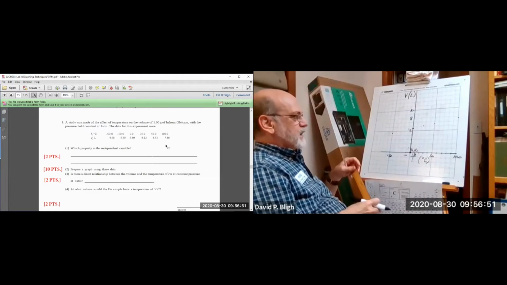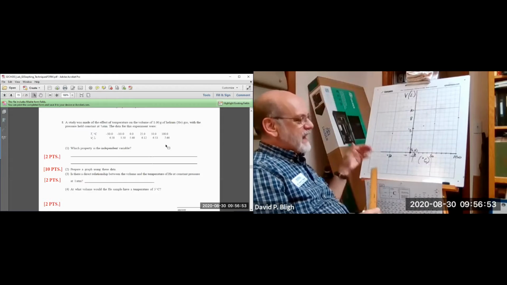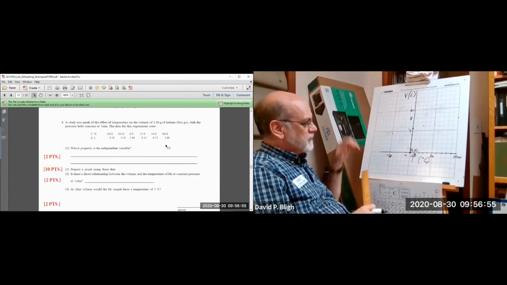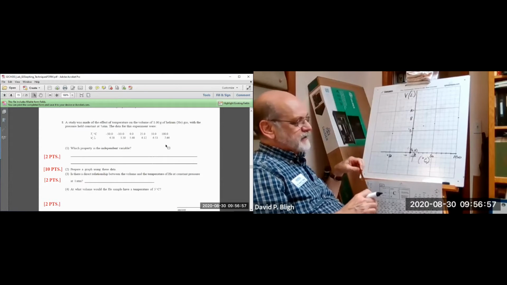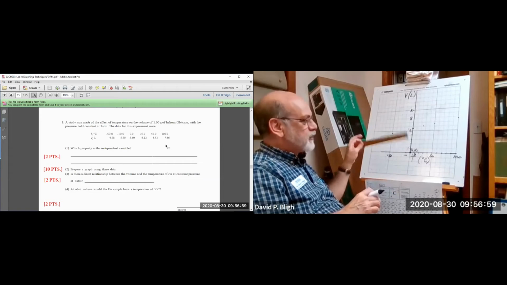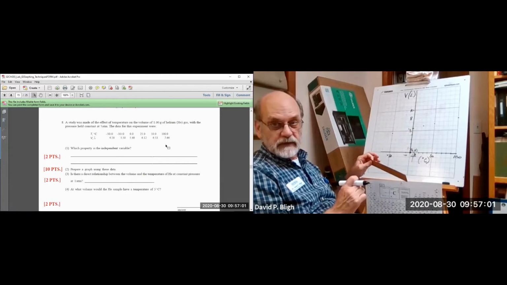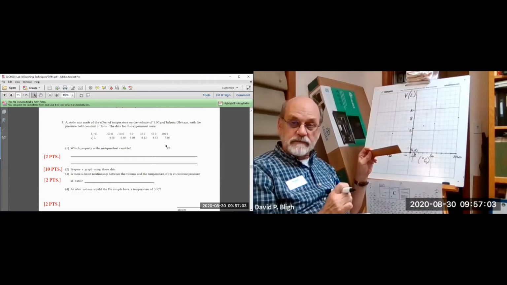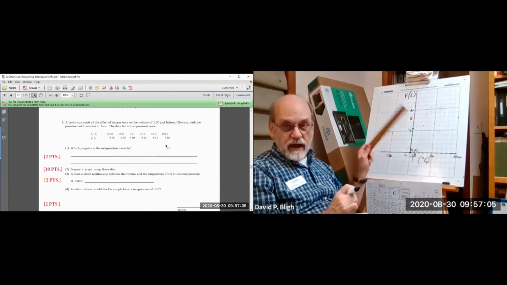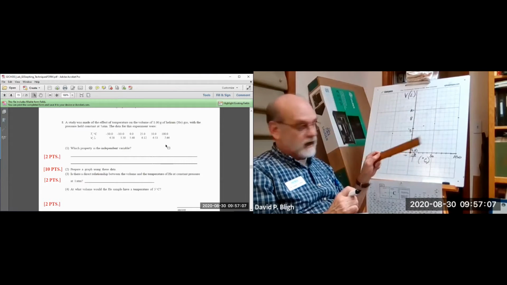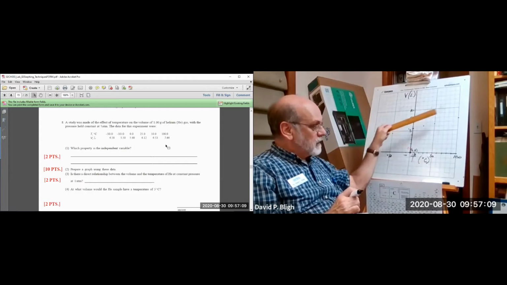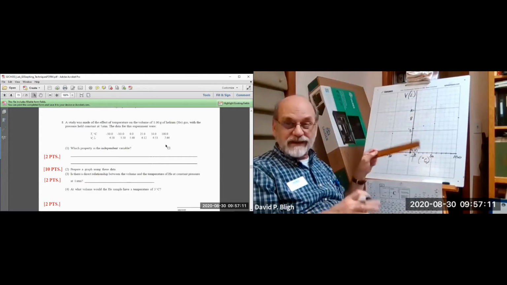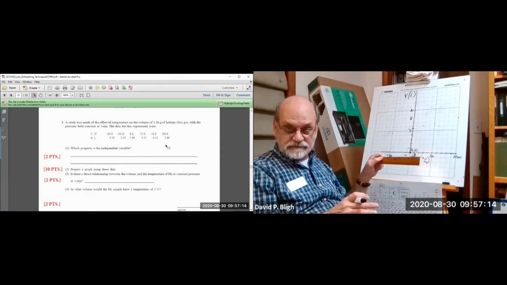So how do you apply a straight line to this and say that it represents those data points? Well, first of all, you have to recognize that there's always error in a measurement. Okay? So these points are probably not going to fall directly on a straight line.